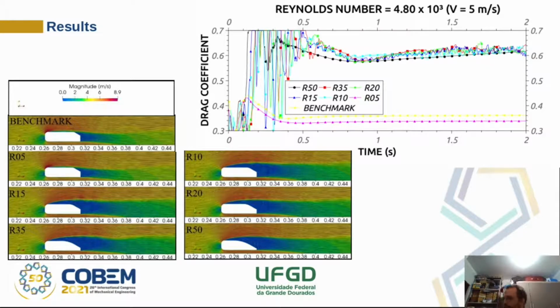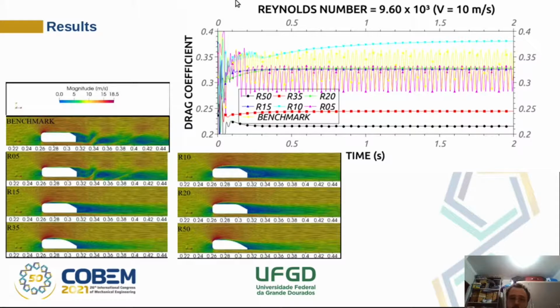This can be justified by the larger recirculation zone behind the vehicle, as we can observe here in radius 10, 15 and so on, and this broader recirculation region promoted a larger drag coefficient.